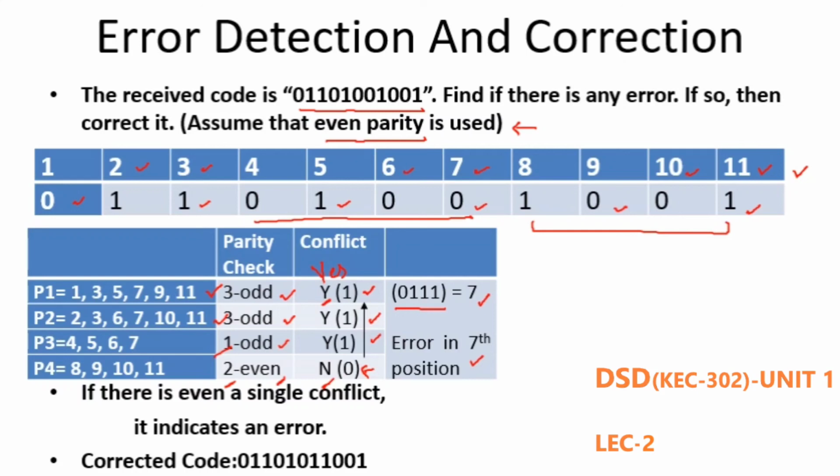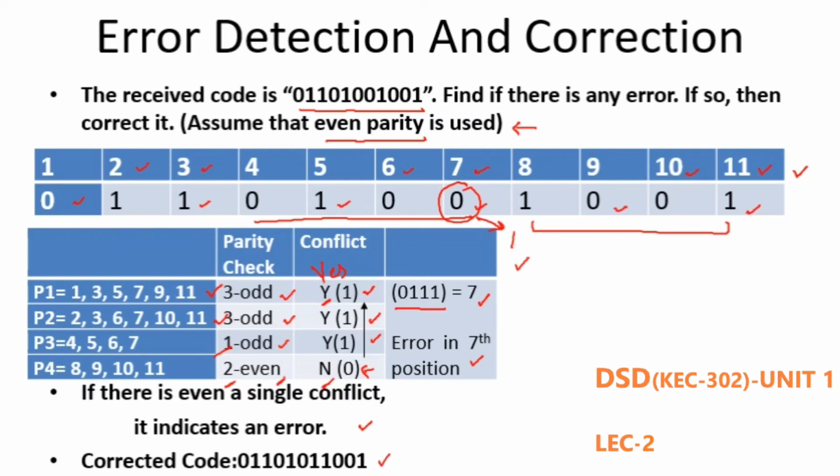And to find the error, I have to replace these yes and no by 1 and 0. In that case, I can see that my error is in the 7th position. So if I replace this 0 by 1, then this becomes my corrected code. I have written it here as my corrected code.